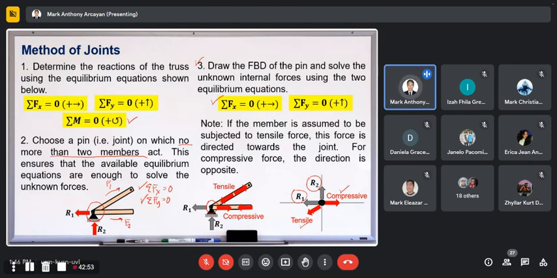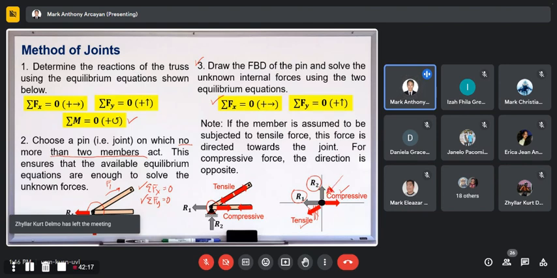So kung tensile, mabaliktad siya. Kung tensile siya, depende sa imong perspective. So tensile is kung imo siya isulat diri sa ubos, so away siya. Then ang compressive away pod ni. Let me correct this one. Kaning tensile, this must be diri sa top.